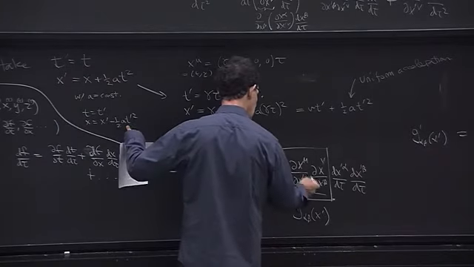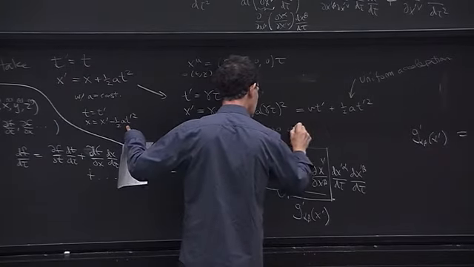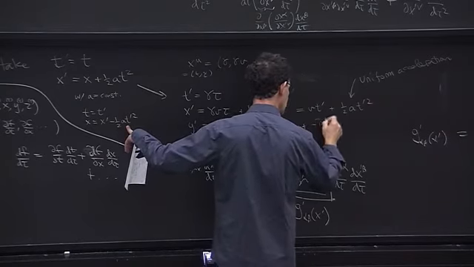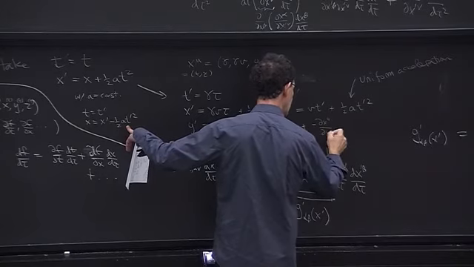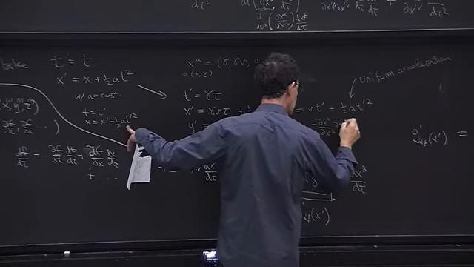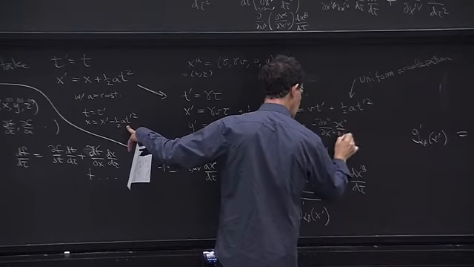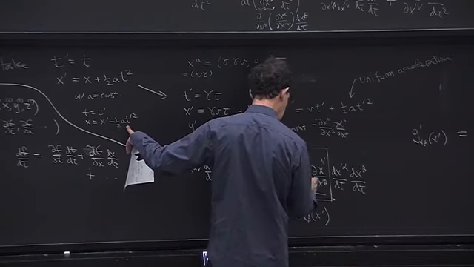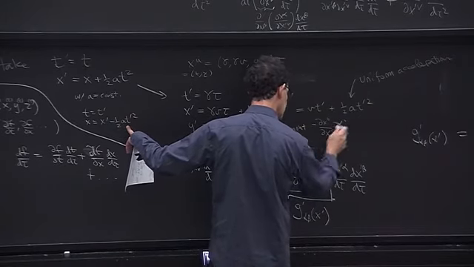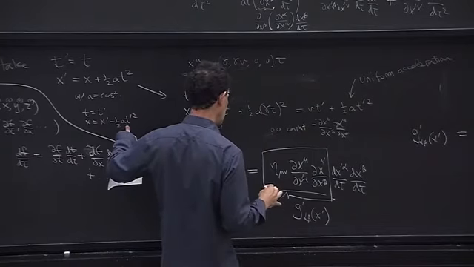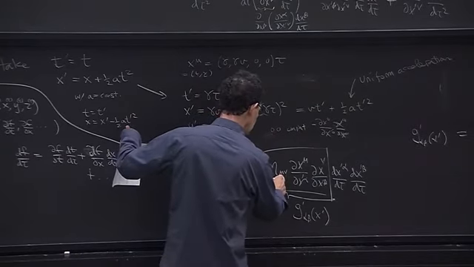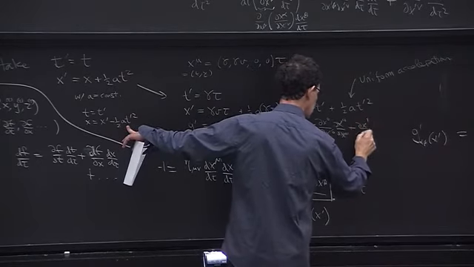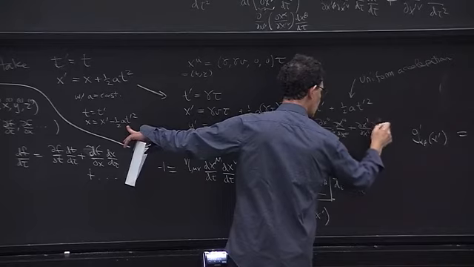So the 0, 0 component is minus dx0 dx0 prime dx0 dx0 prime, and then I get the same thing where these indices can be 1, plus dx1 dx0 prime dx1 dx0 prime.